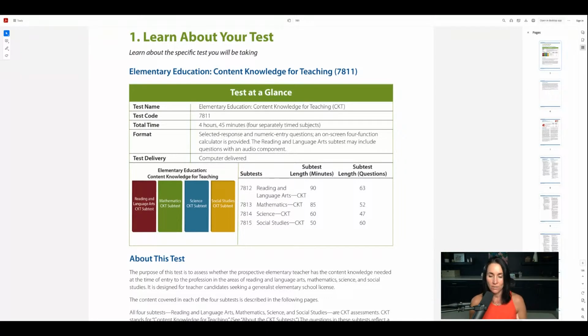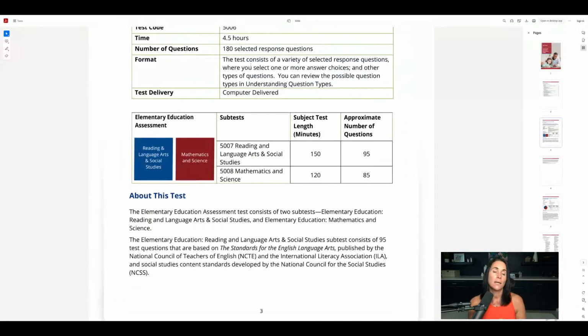The reason they do this is because the reading and language arts and social studies go together in terms of reading strategies and content. Obviously the social studies is a different ballgame, but the skills that students use in these 2 content areas are similar. And what they want you to do is intermingle these so that you can overlap these subject areas.